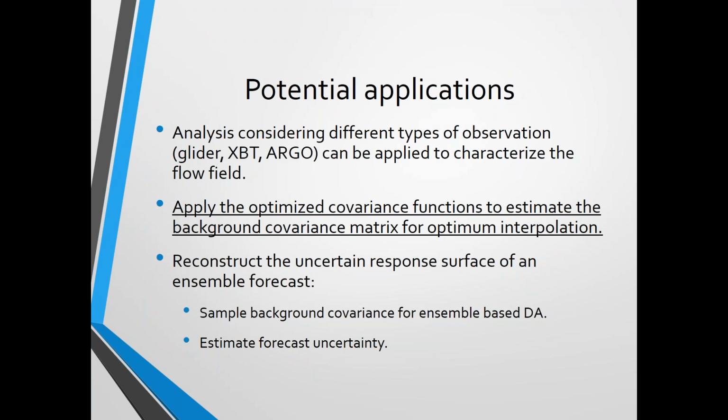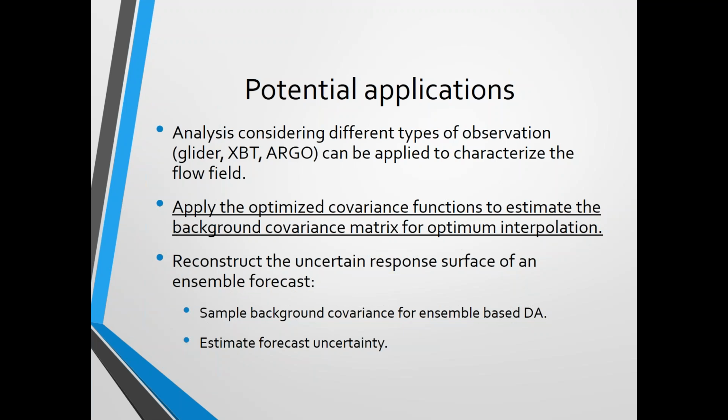One thing that I'm starting to work on is applying the covariance functions and the optimization procedure to try to estimate a background covariance matrix for optimal interpolation. That's something that I'm just starting, and I'll see if it's possible. But I think it has merit, and it's something that can be done.